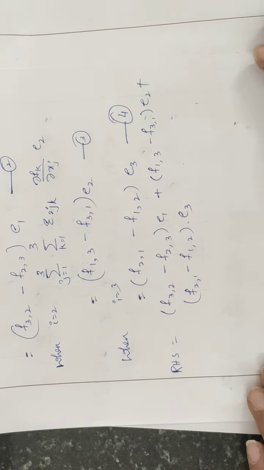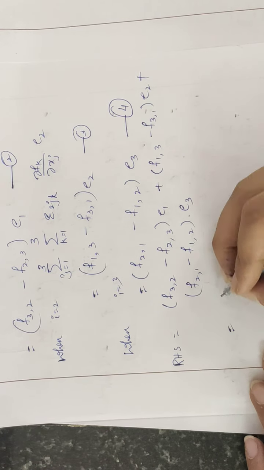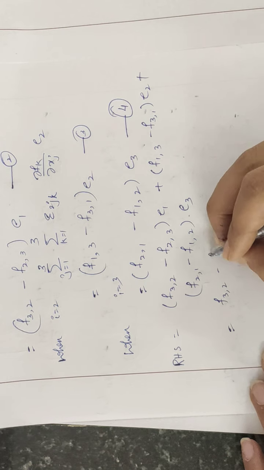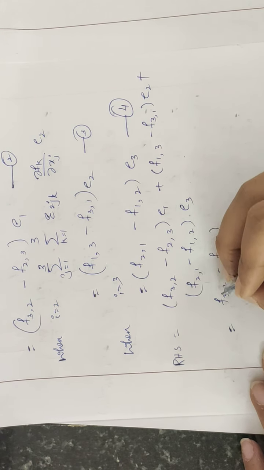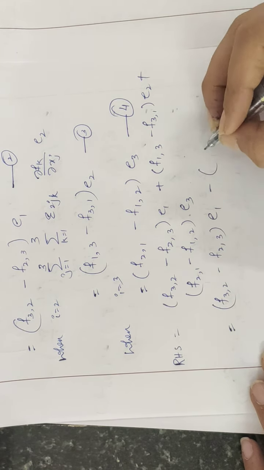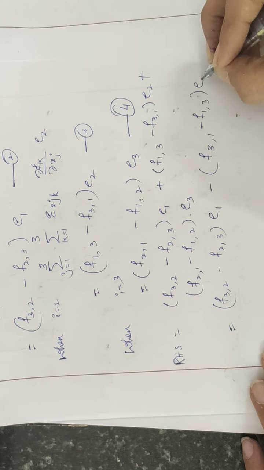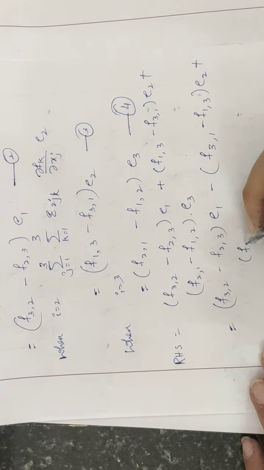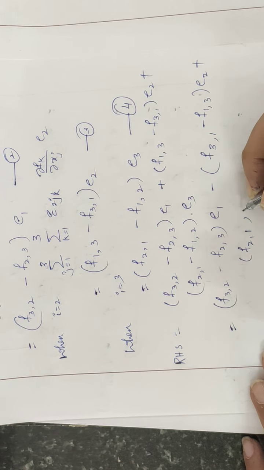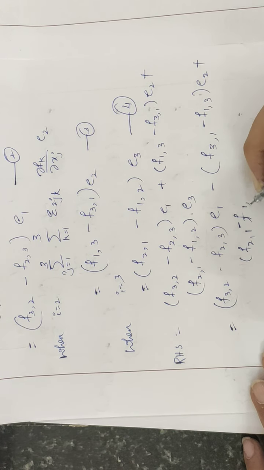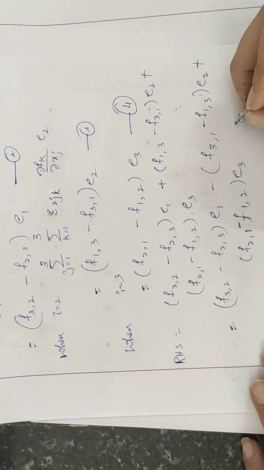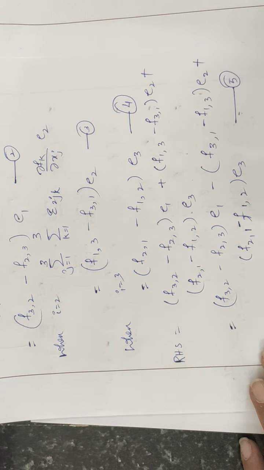This is nothing but (f3,2 minus f2,3) E1 minus (f3,1 minus f1,3) into E2 plus (f2,1 minus f1,2) into E3. I will call this equation number 5.